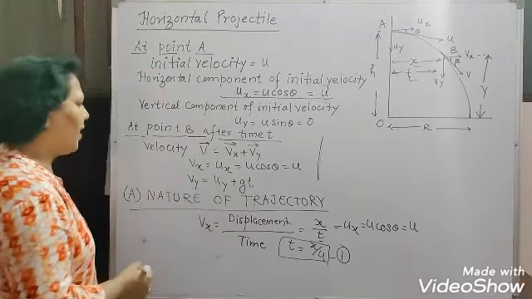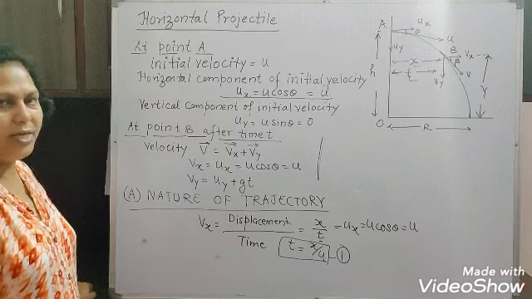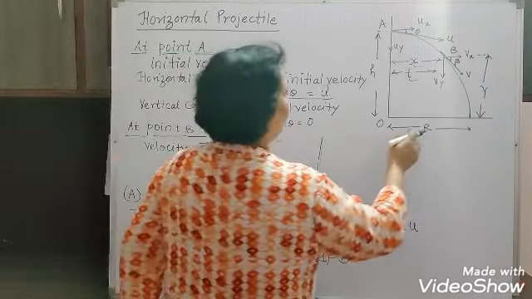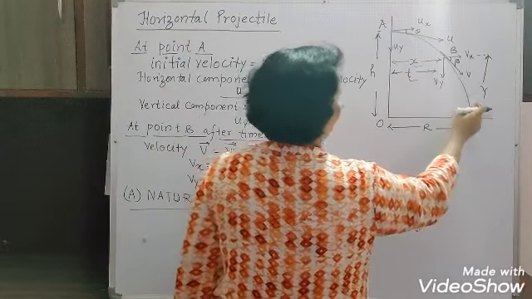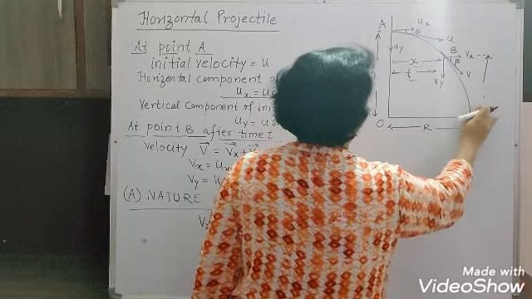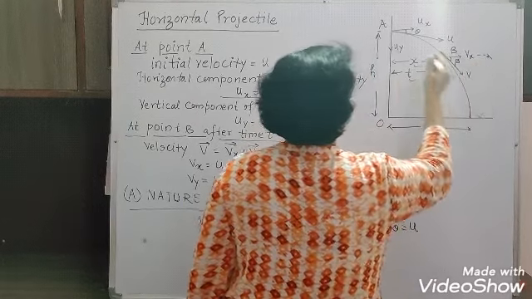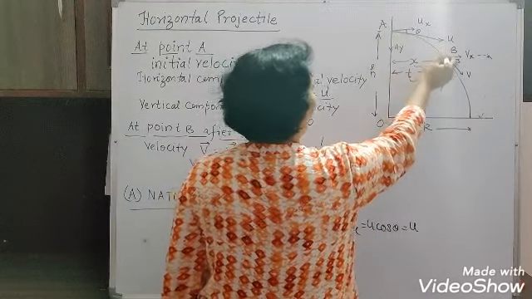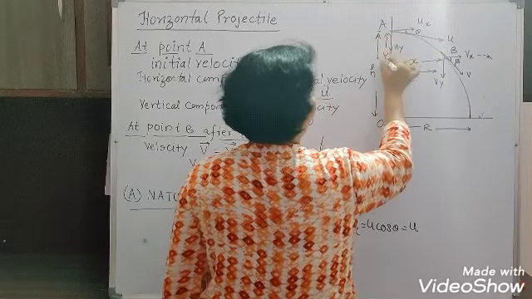Okay, now while deriving the nature of trajectory, we'll see the displacement in the vertical direction at point B. This is the vertical direction which I have taken here. This is y, because the projectile is traveling from A to B. So this vertical displacement from A to B I am taking as y.